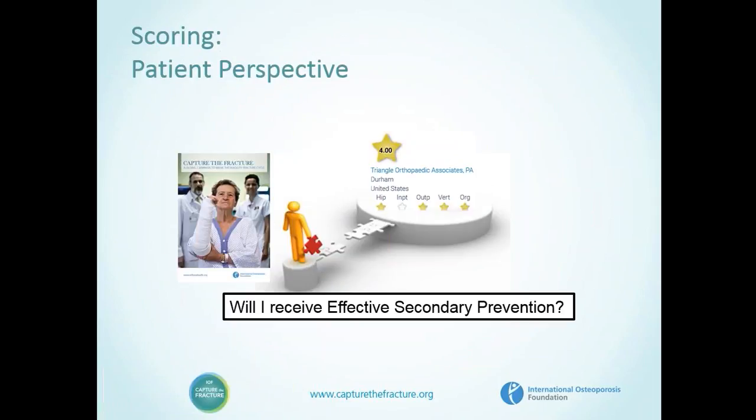From the patient perspective, which is even more important, the patient can also look at this page and see, will I receive effective secondary prevention if I have a fracture where I live? And I think this is something that we're constantly struggling with, that our patients sooner or later will demand that we also assess them for recurrence of a fracture, like we do in most other conditions today.